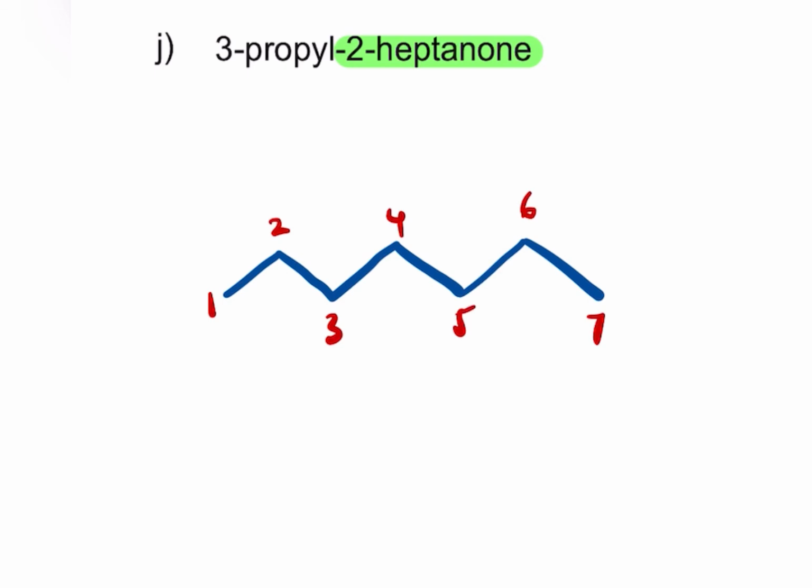Last one, I have 3-propyl-2-heptanone. So my parent is 2-heptanone. This is a ketone with 7 carbon atoms. So I'm going to draw 7 of them. So this will be my structure. And give the numbering. And after that, at carbon number 2, I have my double bond O. So don't forget that. Put the bond, double bond, attached to O. And next one, I have my substituent at position carbon number 3, which is propyl.